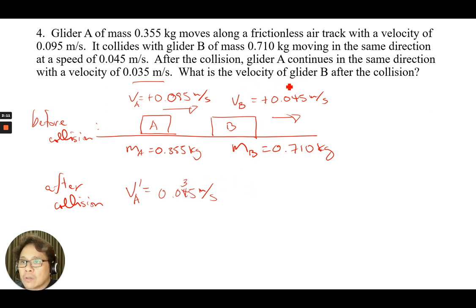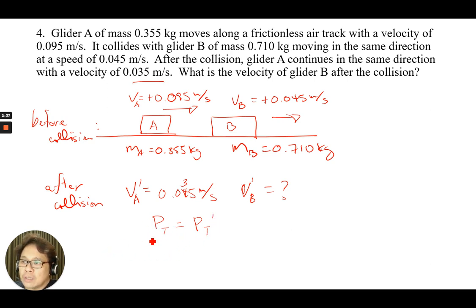Okay, what is the velocity of glider B after the collision? So what we are looking for is VB prime. We do not know that. The total momentum before collision is equal to the total momentum after the collision. Let's call that PT prime.